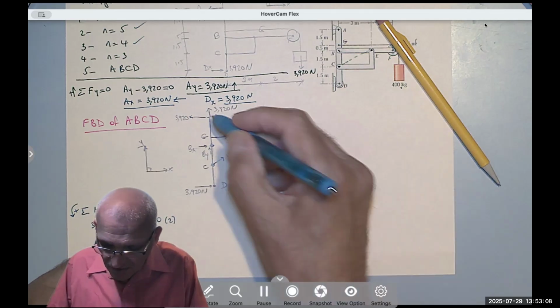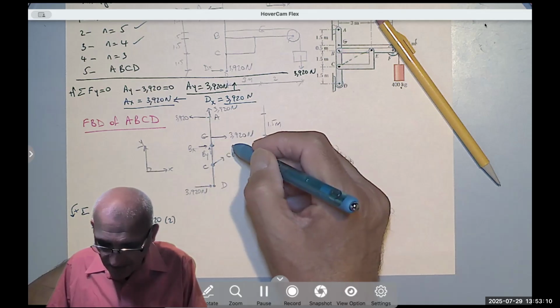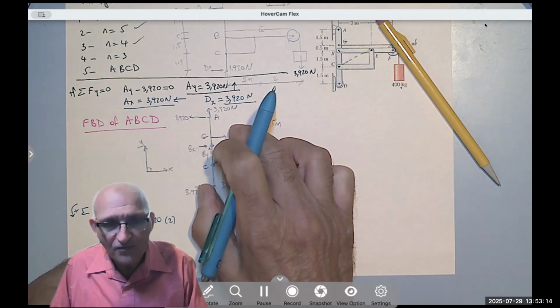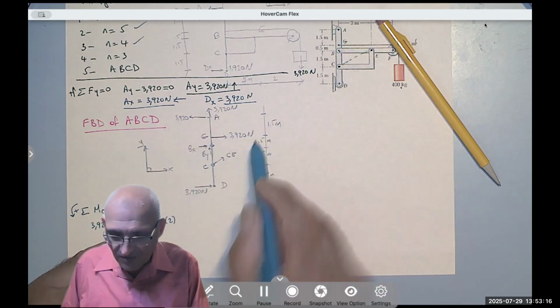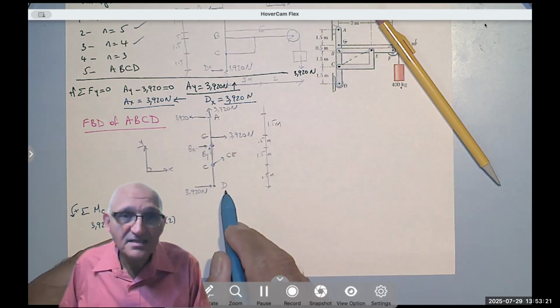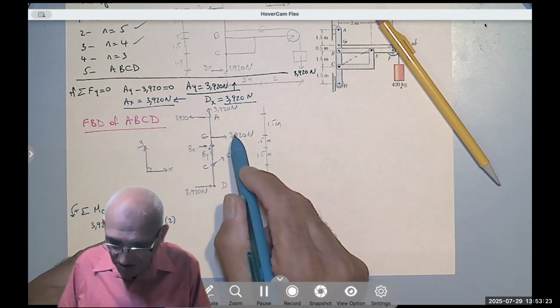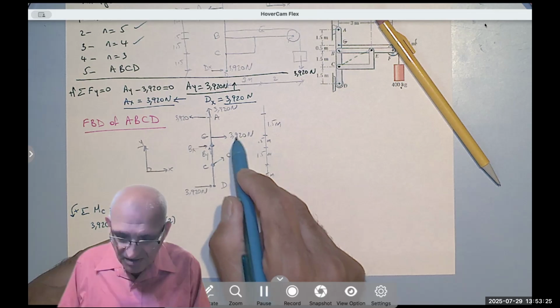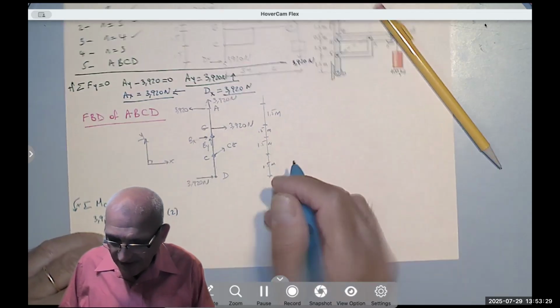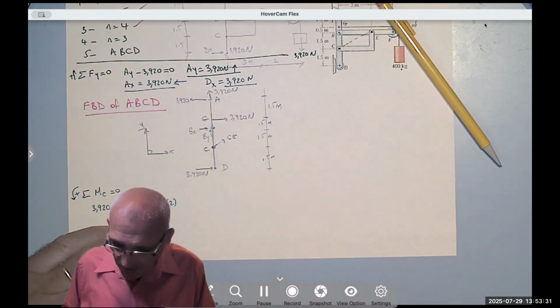Oh, I was talking about these two being couples, not those two. Of course, these are not a couple. Both of them are to the right. So Dx and Ax is a couple, or the tension here and Ax. You can use those anywhere. Anyway, so I'm taking the moment here.